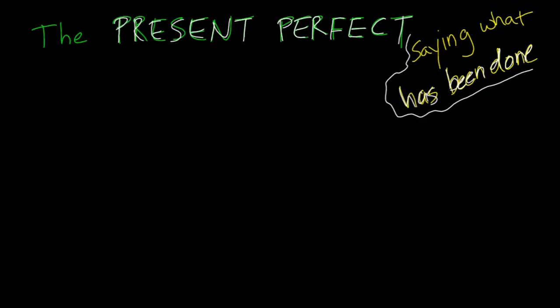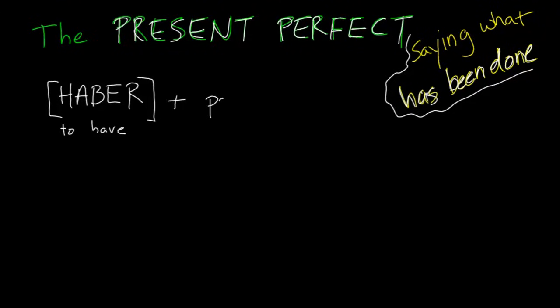Well, the first thing we need to know is how do we form it. And so to form the present perfect, we need to use a form of the auxiliary verb haber, which means to have, with the past participle. So since we are in the present, let's go ahead and conjugate haber in the present tense.